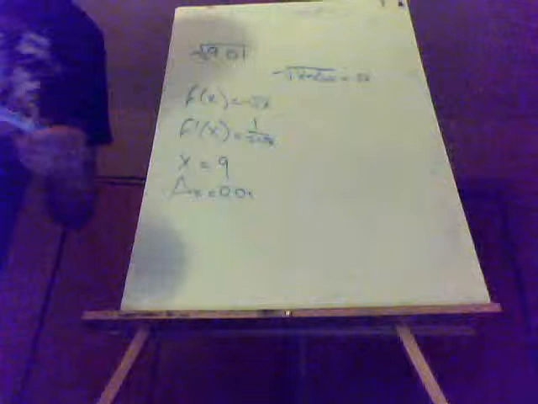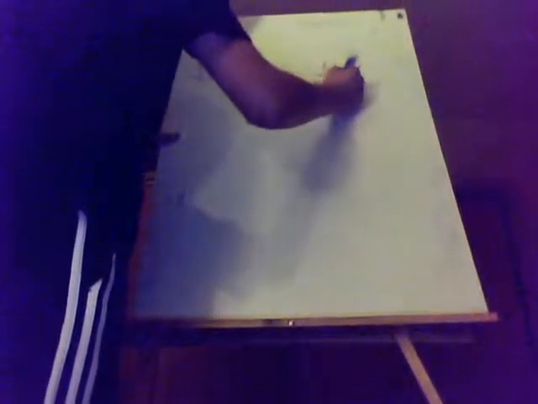I have to get some more room. So, here, let's erase these. The square root of x plus delta x is approximately equal to the square root of x plus 1 over 2 square root of x times delta x, which is 0.01.